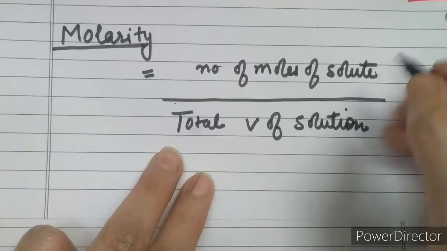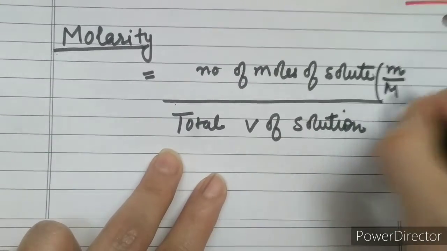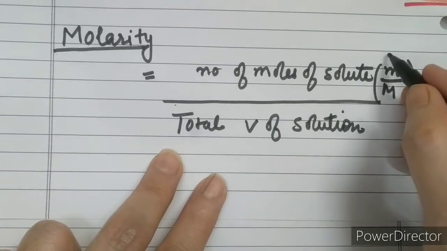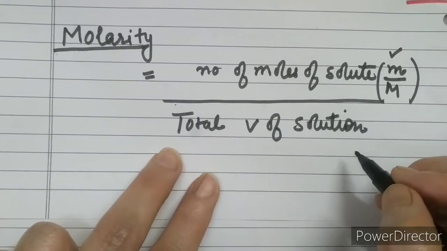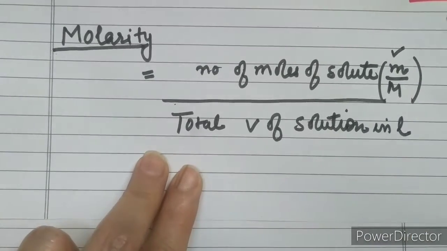We know the number of moles of solute is the mass of solute divided by the molar mass of solute. So it is mass of solute divided by molar mass of solute, divided by the total volume of solution, which should be in liters.